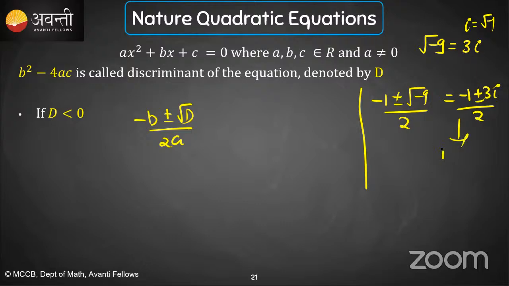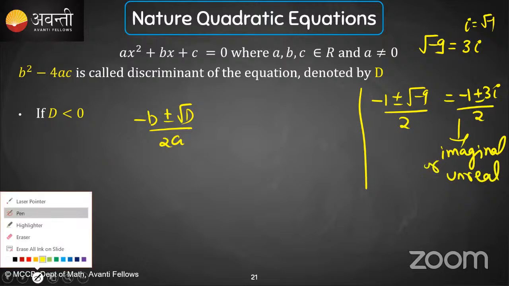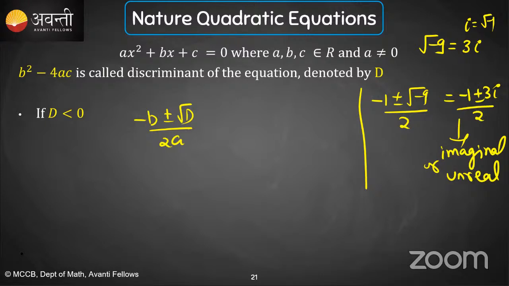It means they are imaginary, unreal. So when my D is less than 0, I will get a negative term inside my square root, which makes my roots imaginary. So it implies roots are imaginary.